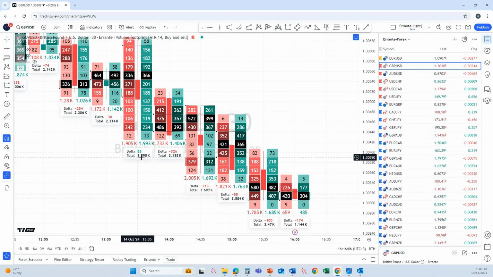You see, for example, here for this candle, 3.898K. And what does it mean? It shows the total number of contracts traded during this session in thousands. K represents 1,000. So this includes both bid and ask volumes across all price levels.